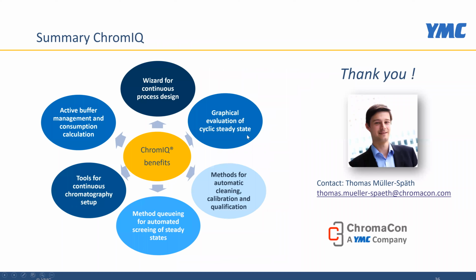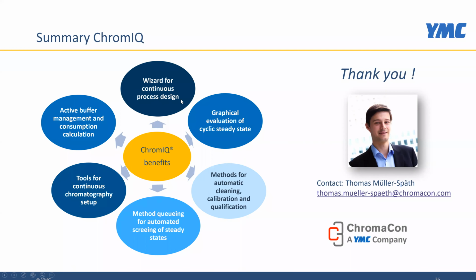Summarizing, ChromIQ offers a number of features which are very useful for continuous chromatography. I just showed you snapshots of these features. Generally, we get very good feedback from various users, saying the software is very user-friendly and intuitive.